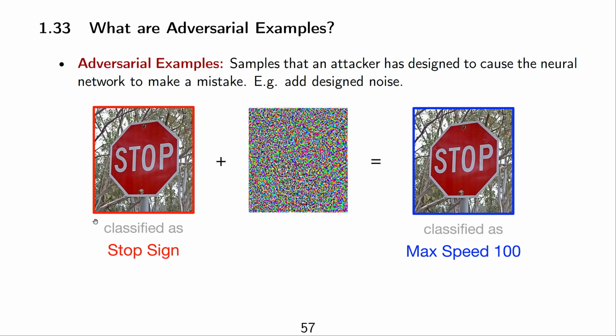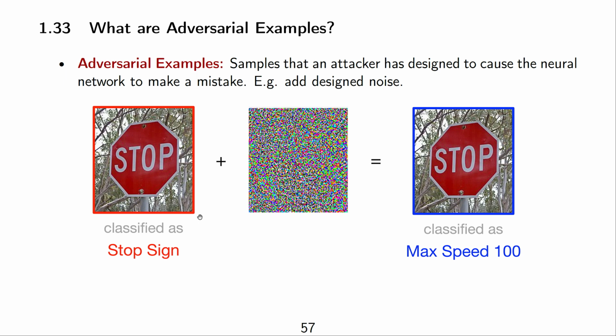What you see on the left is an image of a stop sign that a neural network correctly classifies as a stop sign. And here an attacker finds that this particular type of noise added to the stop sign will cause the neural network to make a mistake.